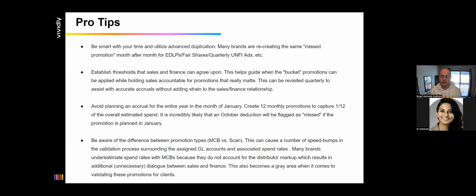And overall, why do we care about all of this? Why does this detail matter? It's the second largest expense in your P&L. It's a lot of money. And trade is so important in the industry. It is one of the key levers for driving trial, for increasing basket size, or said differently, getting current consumers to buy more of your products or to try new products of yours, or consumers that have never had your products before.